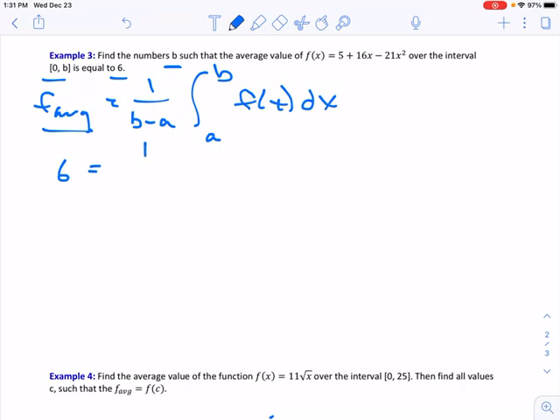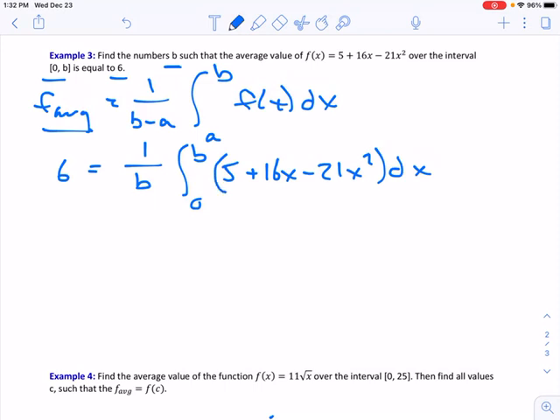We know what a is. It's 0. So 1 over b minus 0 is simply 1 over b times the integral from 0 to b of the function 5 plus 16x minus 21x squared. So it looks kind of weird, but it's not so bad.